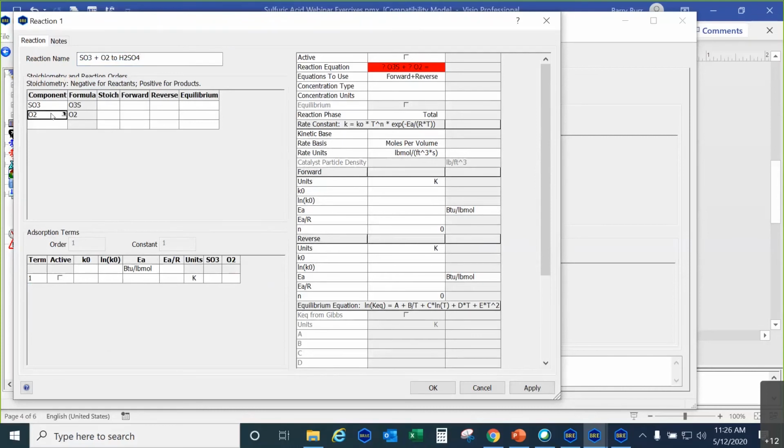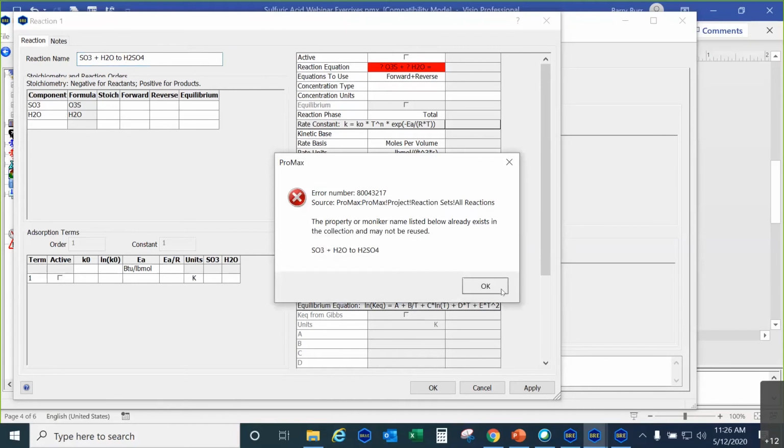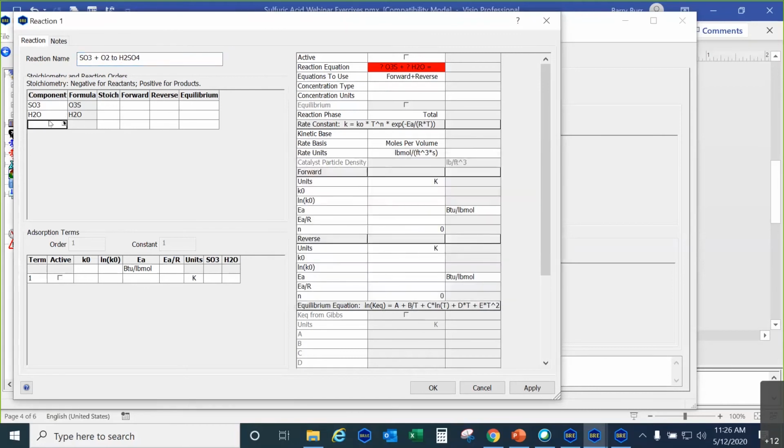It uses water. And forms SO4. And in the stoichiometry, we consume an SO3, we consume a water, and we form an H2SO4.